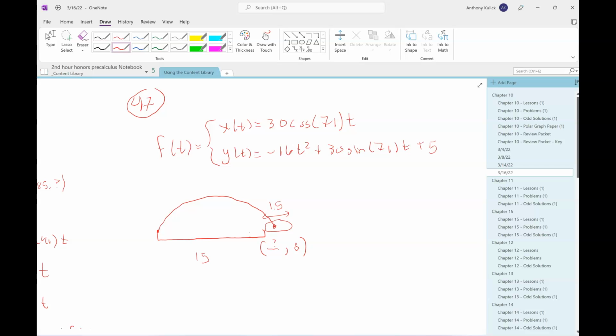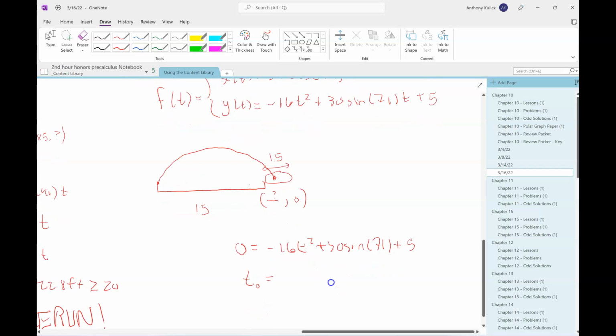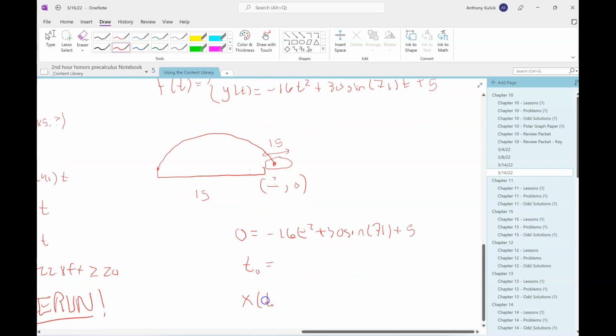And if it's between 15 and 16.5, we've hit inside the circle. If not, it's either going to be short or further. You know what I mean? So I'm just going to put 0 in for y. Solve that guy and then take that answer and plug it in for x and see what we get.